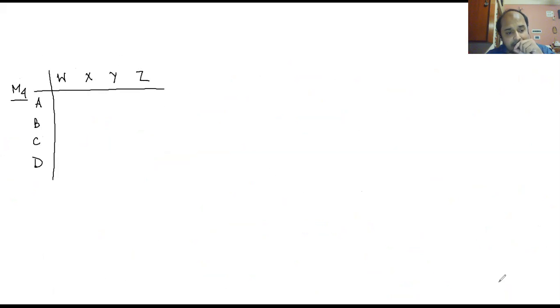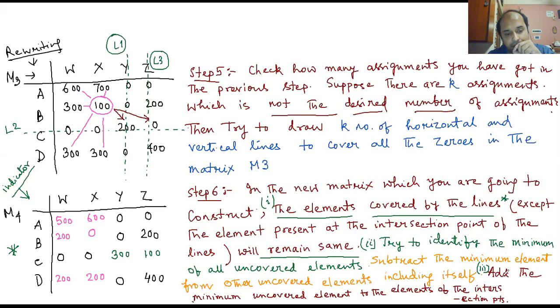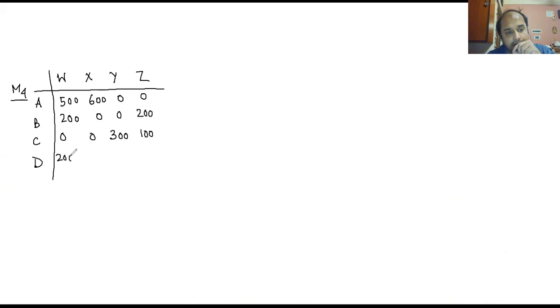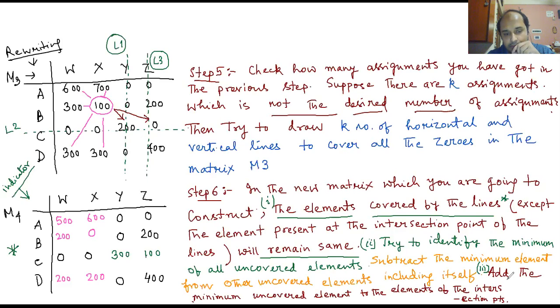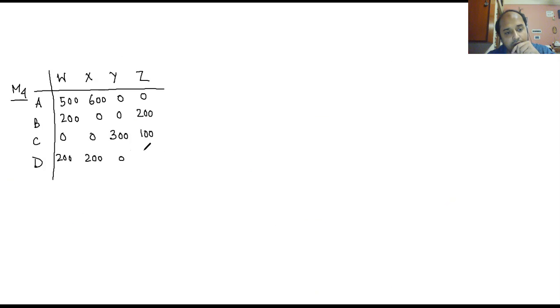And what were the matrix elements? 500, 600, 0, 0, 200, 0, 0, 200, 0, 0, 300, 100, 200, 200, 0, 400.